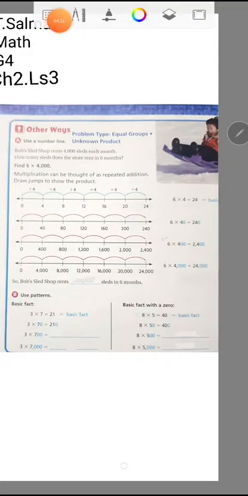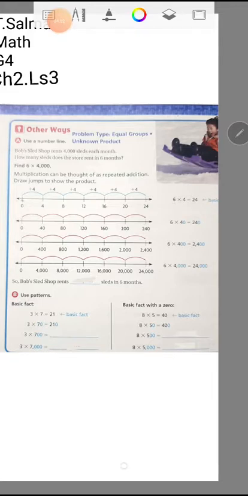So this is the way, or the meaning, of multiplication according to the number line. The meaning of multiplication here is repetition: how many times I will repeat the same number. So when I said here 6 multiply 4, that means I will repeat 4 six times, right?